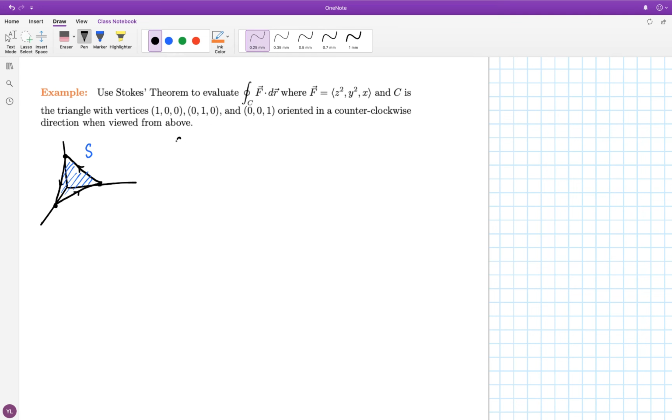So instead of computing this line integral, I'm going to use Stokes' theorem, which tells me that it is equal to a surface integral of the curl of the vector field F dot dS. So let's crank out the curl.